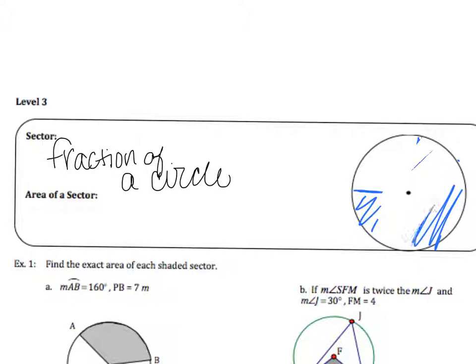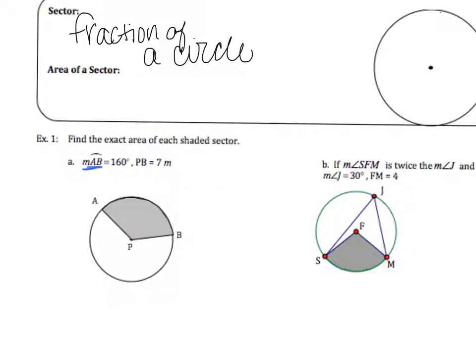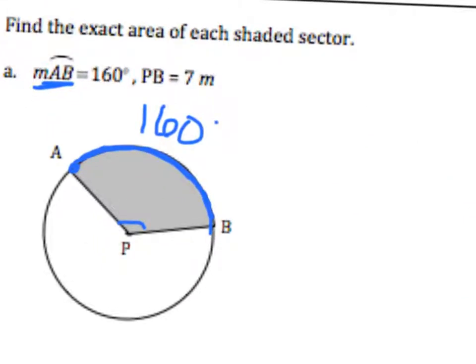So if I take a look at example A, it says the measure of arc AB, so that's from here to there, is 160 degrees. So that tells me that's 160 here, and this angle inside is also 160.